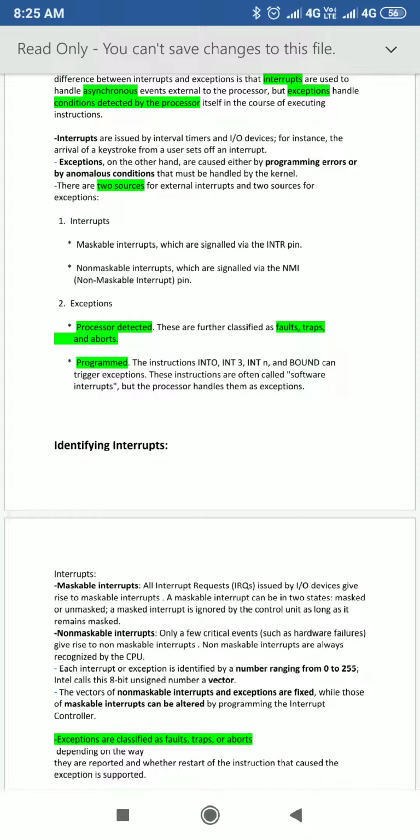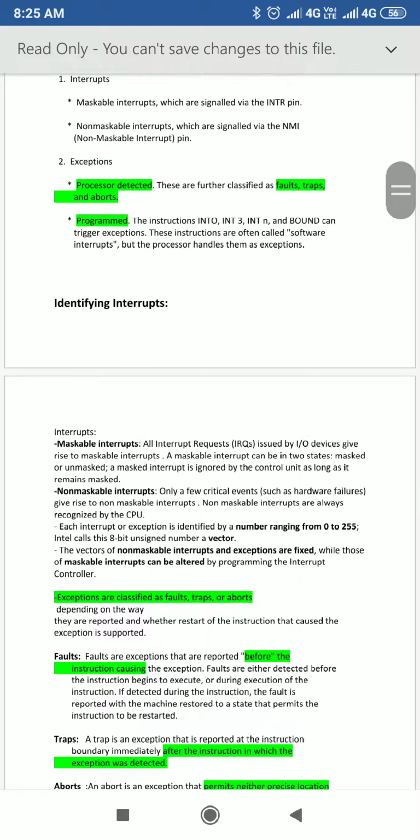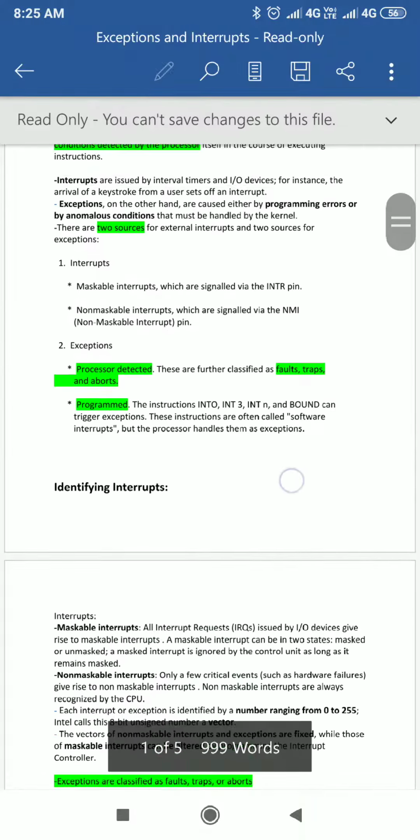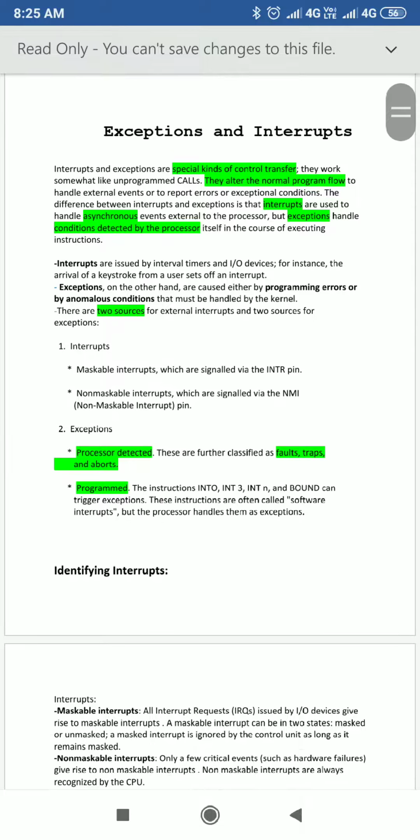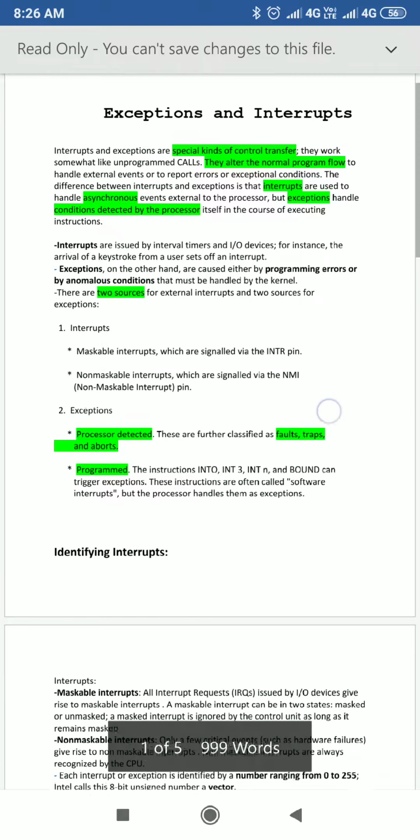When your processor is in execution and at the same time a particular IO peripheral device is waiting for access, then the processor has to serve the device request first and then resume its regular task.